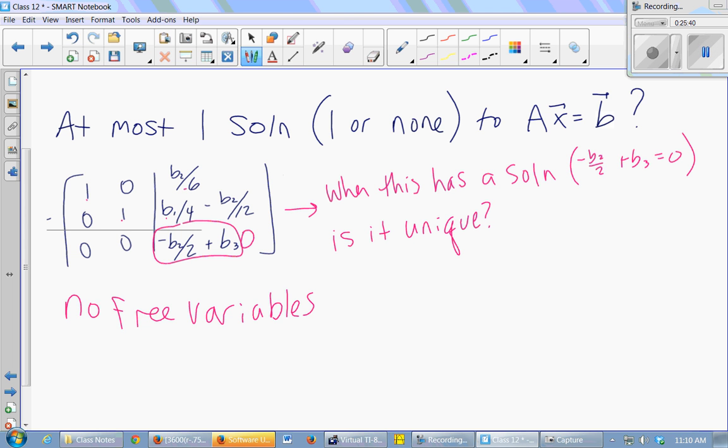So when a solution exists, it is unique. Right? So there is only one vector, x1, x2 in R2 that can produce a given b1, b2, b3 from the range.